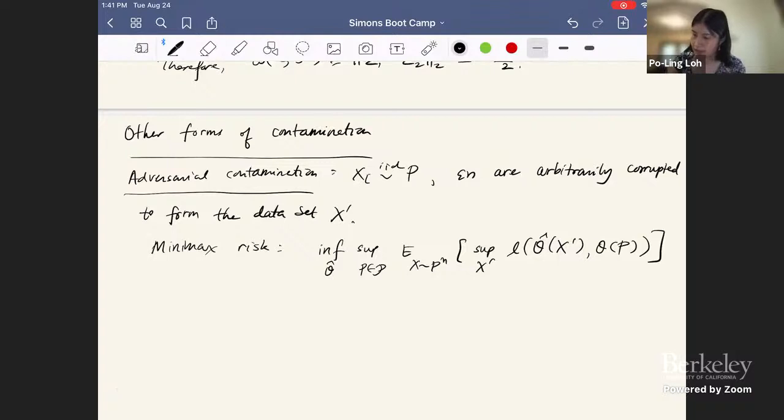So the main remark I wanted to make is that the lower bounds via the Huber epsilon contamination mechanism can be applied here.